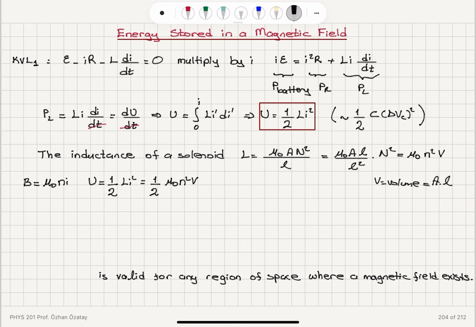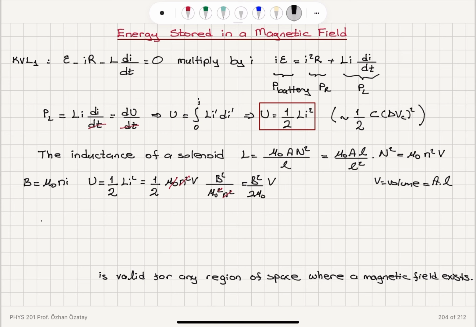And for the current, I can substitute B divided by mu 0 n, so it's going to be B squared divided by mu 0 squared n squared. Now you can see that this mu 0 will get rid of this square, and n squared will cancel, and therefore I will be left with B squared divided by 2 mu 0 multiplied by the volume V.